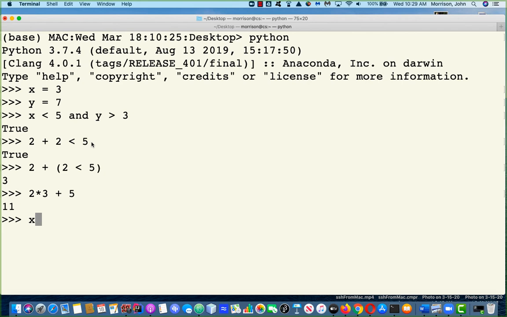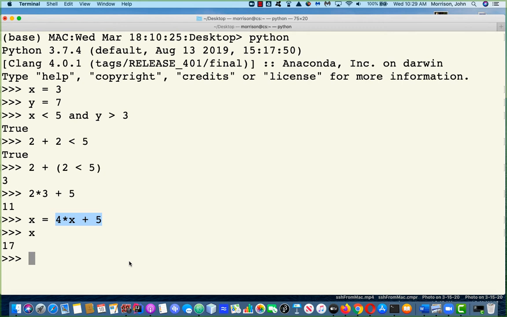So if we go x is equal to 4 times x plus 5, we got 17. What happened? Well, Python evaluates this entire expression. Now, this associates from right to left. So it's going to go to the rightmost thing and start evaluating.